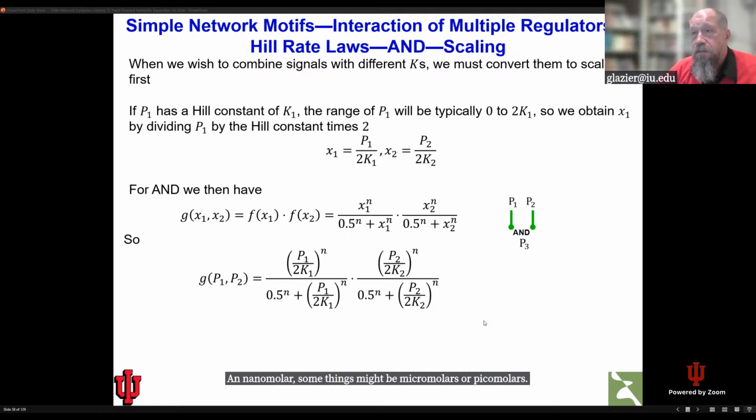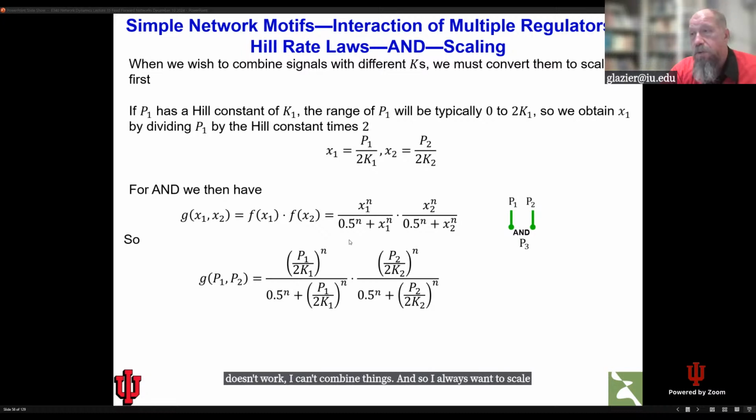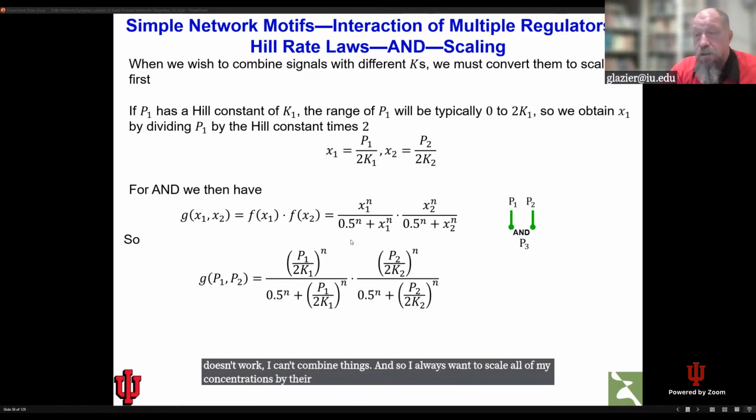And that means that if I'm going to combine things in circuits, writing them the way I did here, x to the n over k to the n plus x to the n, doesn't work. I can't combine things.